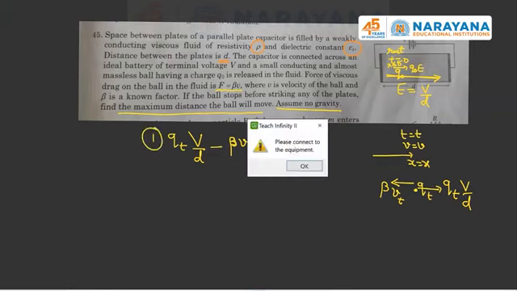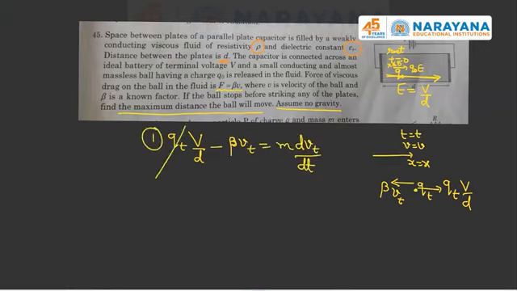Now, let me try to write q as a function of time directly. There is a property in RC circuits that you give me any conductor of any shape, right? And from the surface of the conductor till infinity, you fill a medium with resistivity rho or conductivity sigma.